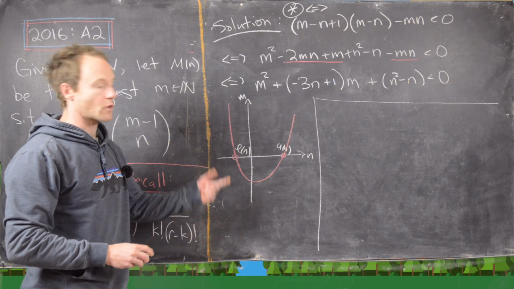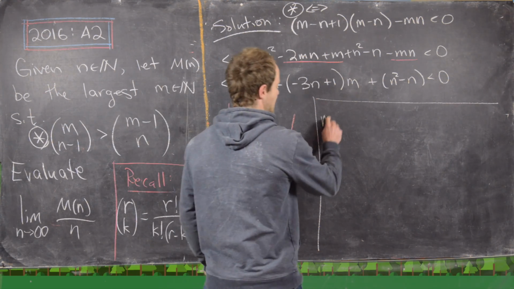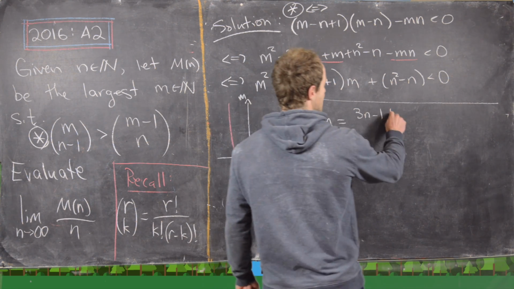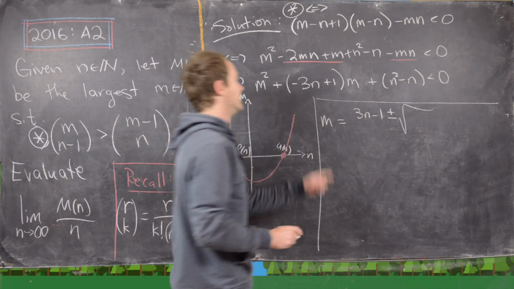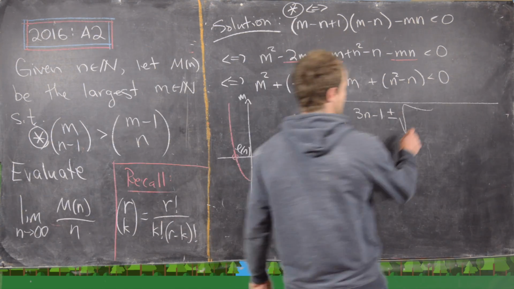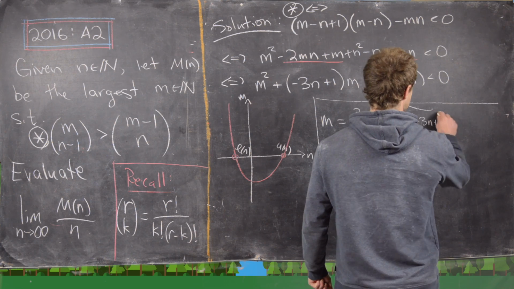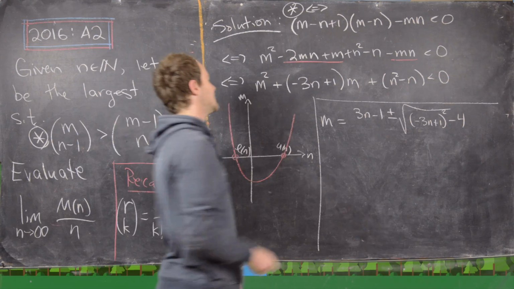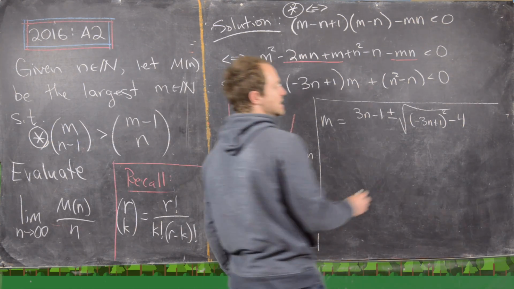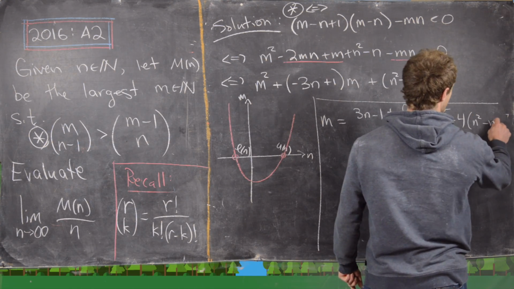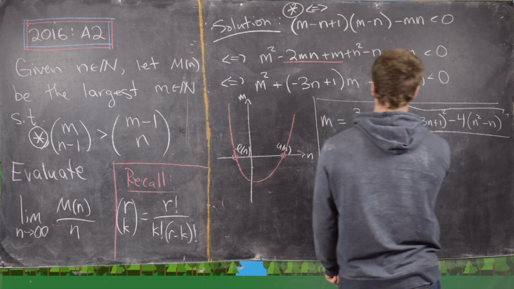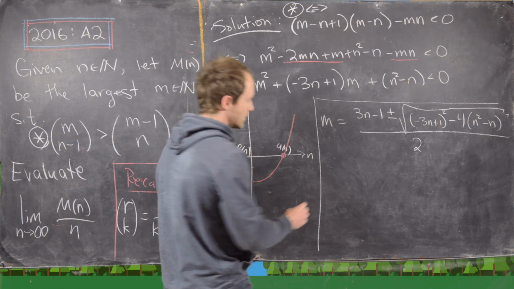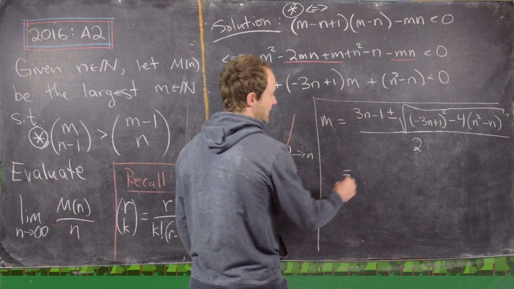And we can do that with the quadratic formula. So we can have m equals, so it'll be negative b, so that'll be 3n minus 1, plus or minus the square root of, so we have b squared. So notice that's going to be minus 3n plus 1 squared minus 4 times a times c. Notice the coefficient here is 1, so we just have 4 and then n squared minus n. And this is going to be all over 2. Okay, great. So now notice that's going to give us the following thing.